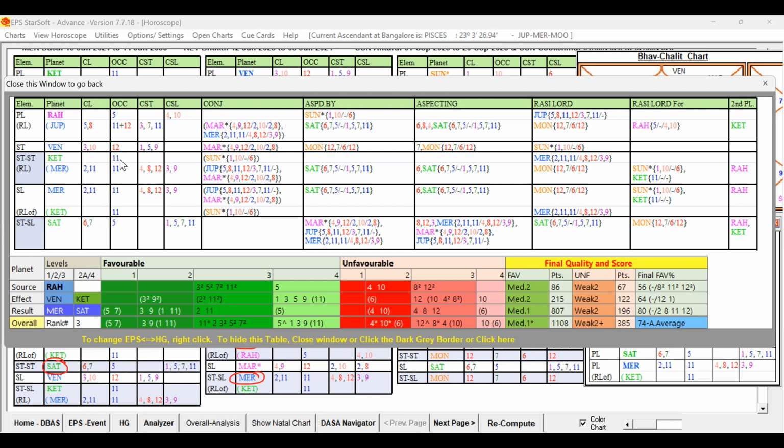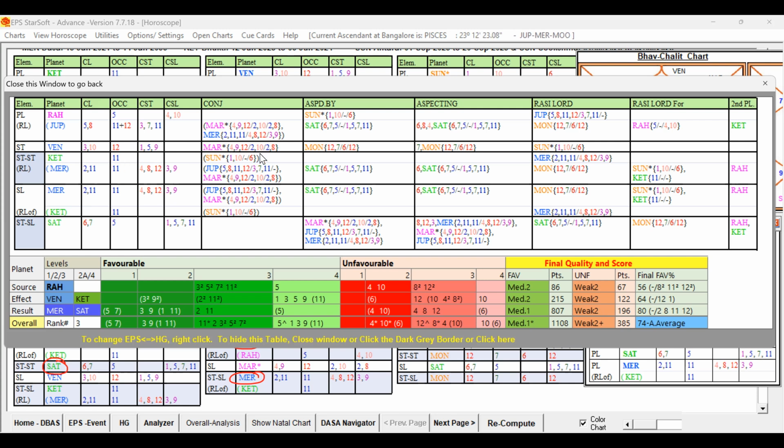Ketu is the 11th occupant, and the sublevel planet, the second planet Mercury, is also good, the sublevel Mercury also good. So that way, the star level planet has weakness, meaning not detrimental like 8 and 12 or 6, 8, 12. Third lord, 10th lord occupying the 12th house, 1, 5, 9 star lord is good. So the favorable houses are already present, supported by Ketu, that is good only.